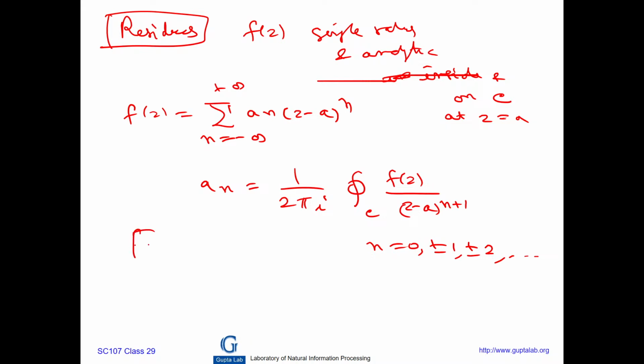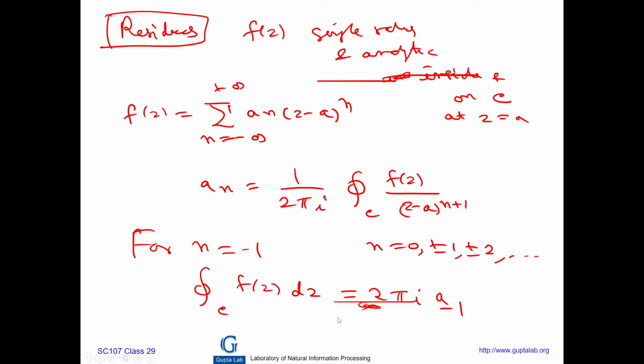So for n is equal to minus 1, we have integration along C, f of z dz is equal to 2 pi I a minus 1. Can you see that from here?